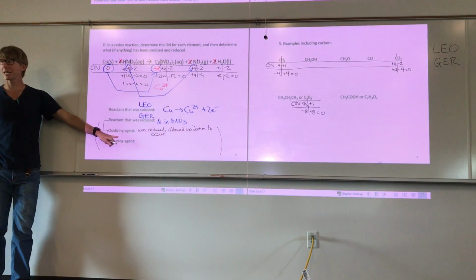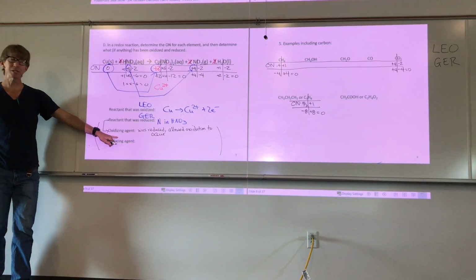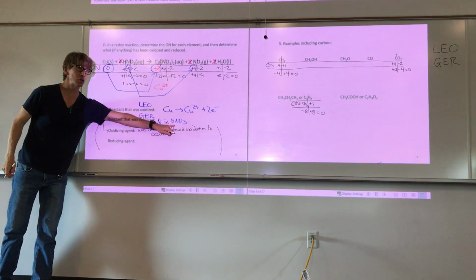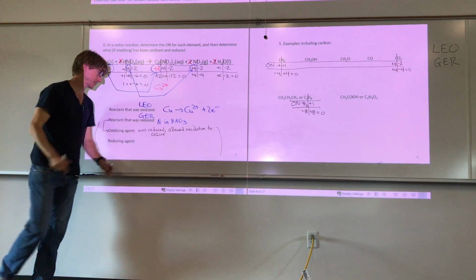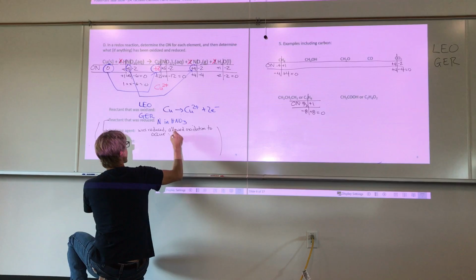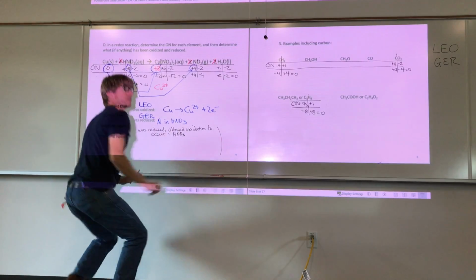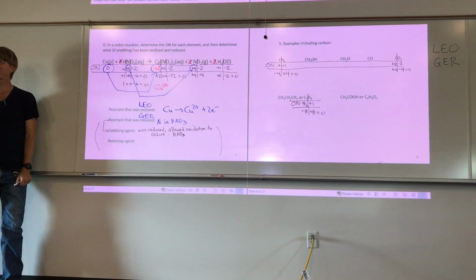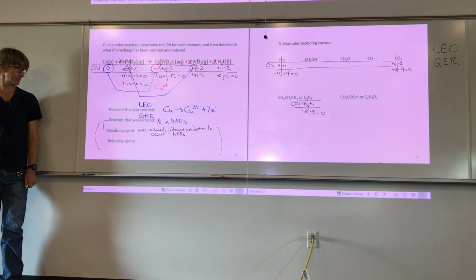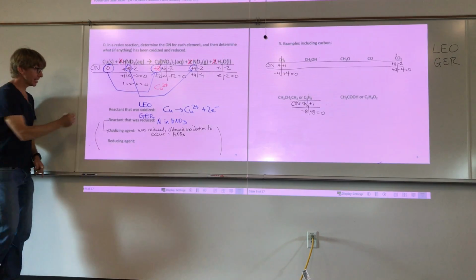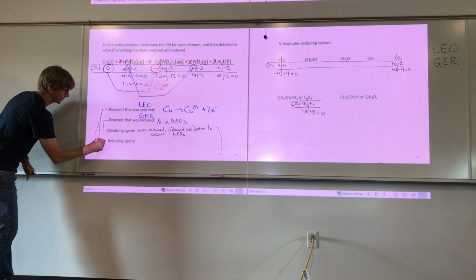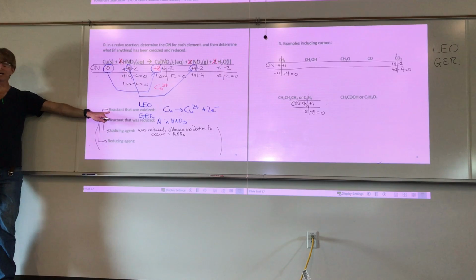And so the oxidizing agent, well, typically you actually do say the whole compound for that. And so the oxidizing agent was nitric acid, although really it was nitrogen that was reduced. Reducing agent was the thing that was oxidized.